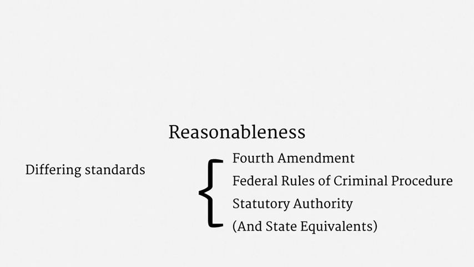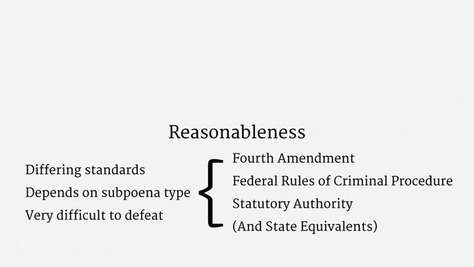Some subpoena standards are fairly deferential to whomever issued the subpoena, while others are more demanding. Furthermore, the subpoena standard often depends on the type of subpoena. Grand jury subpoenas, for example, are extraordinarily difficult to defeat. The last high-level point I'd like to make about reasonableness is that, in general, it's a very difficult way to defeat a subpoena. The standards for reasonableness are quite lax.